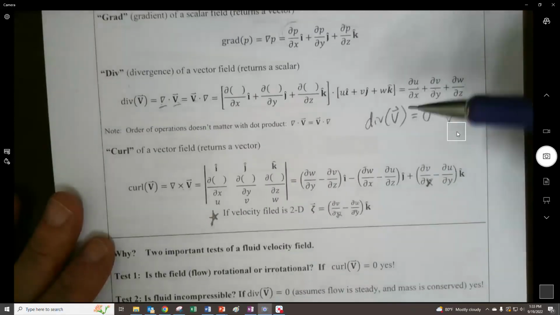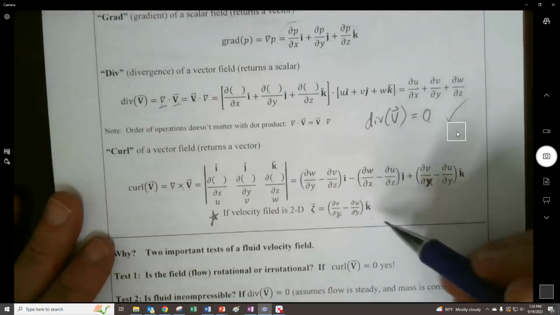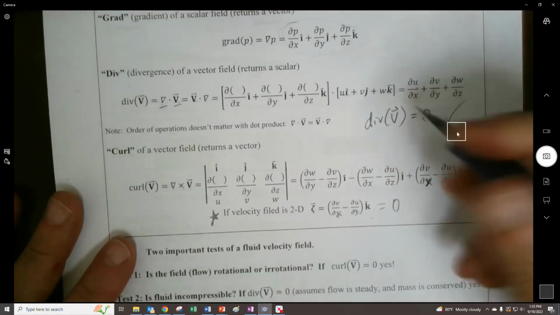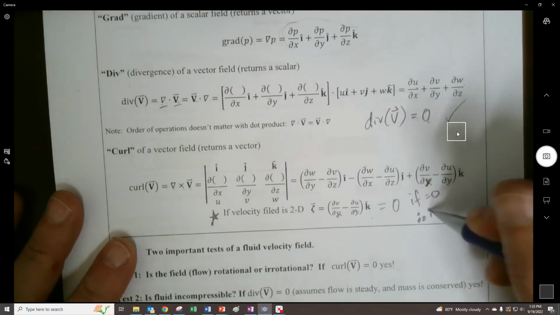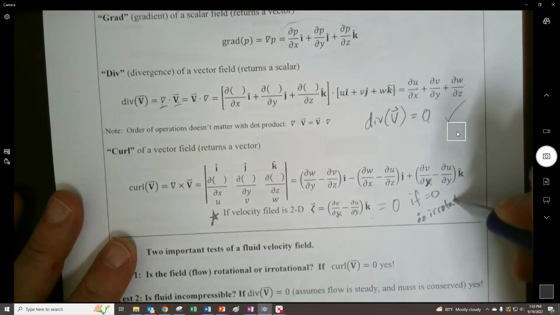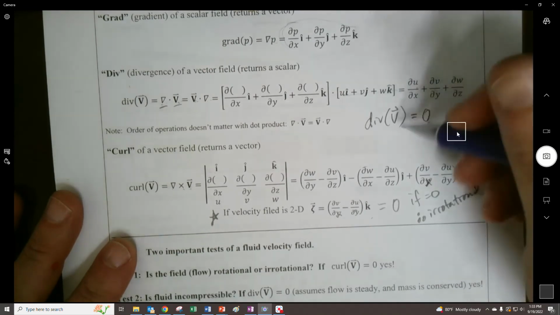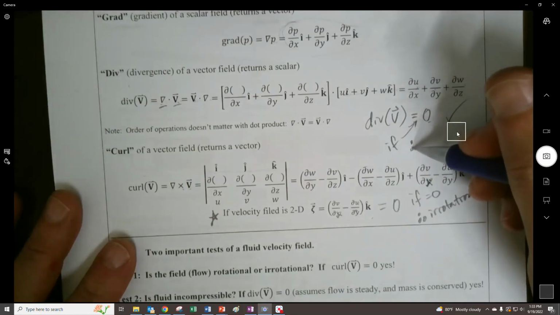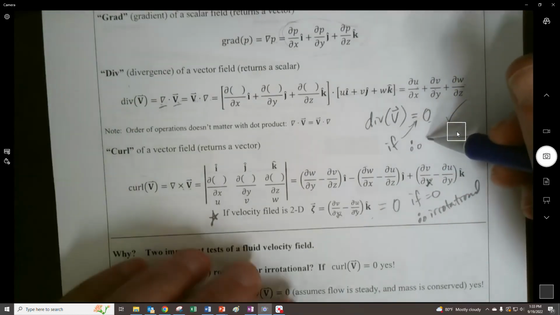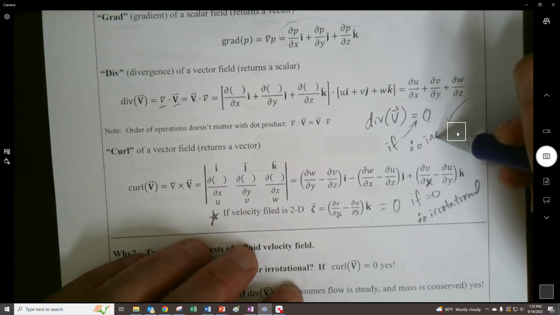But here's 2 tests that we can run, and if this is equal to 0, it's irrotational. And if this is true right there, therefore this is incompressible.